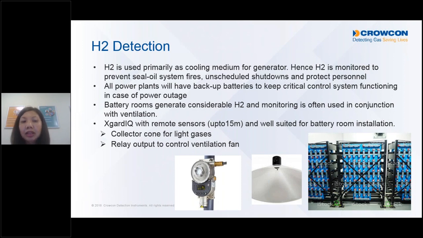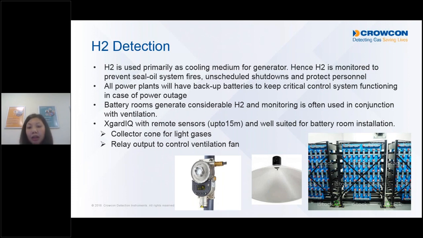This is where our XCAT IQ with remote sensor works well, because hydrogen gas, as we know, is a very light gas. It will pool on top of the room. So we'll have what we call a collector cone, there's a picture in the middle here, that collects light gases. The sensor will sit right in the middle, and the display can be outside the room.